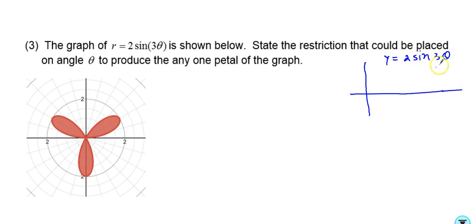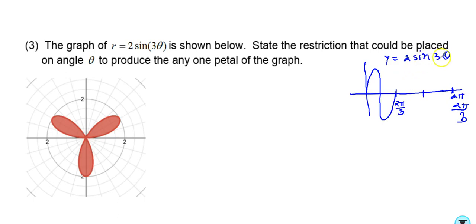What's the period? Period will be 2 pi over 3. So if I look at this, is 2 pi and one circle is being completed, one loop is completed in 2 pi over 3.